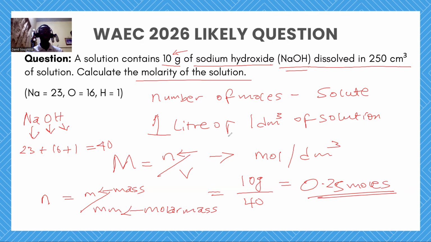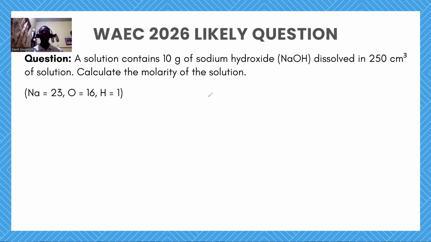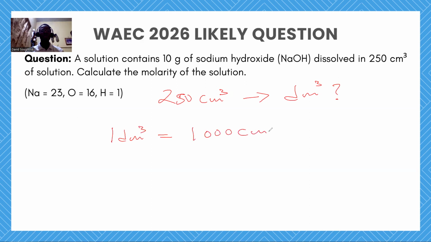Now, the next thing to do would be to calculate the volume of the solution in dm³. We have the number of moles. Now, let's calculate the volume of the solution in dm³. We're given the volume to be 250 cm³. So how do we convert this to dm³? We simply use the relation that says 1 dm³ is equal to 1000 cm³.